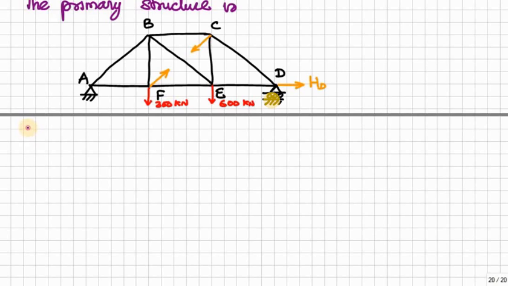So the next step is to assign some numbers to the system, called system coordinates. Here we have only 2 redundants, therefore we will have only 2 system coordinates, number 1 and number 2.